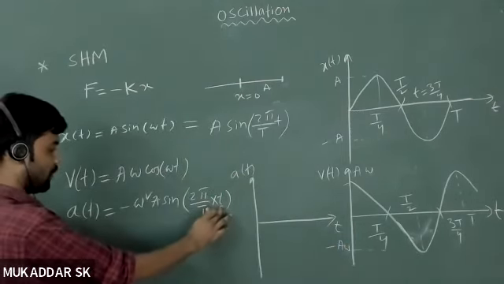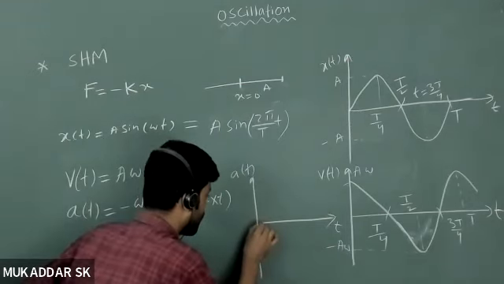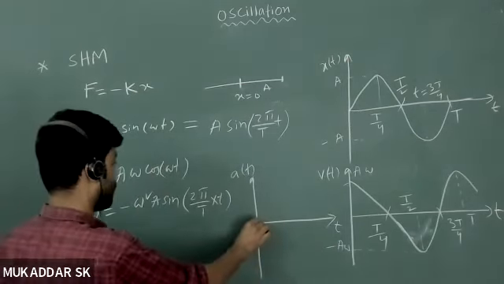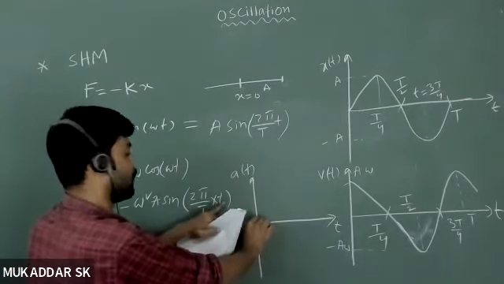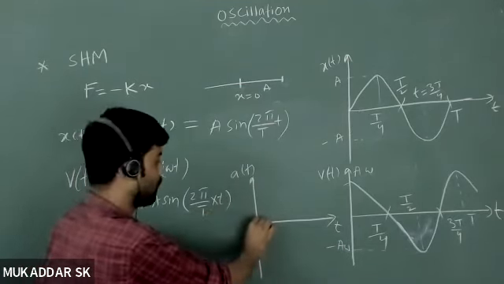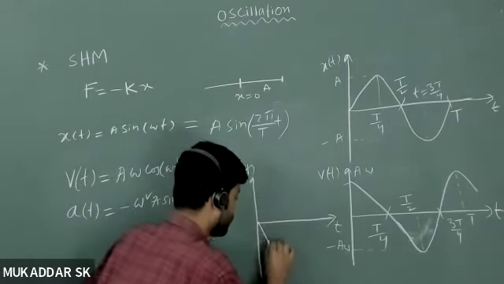When time t is 0, your oscillator will be here, or you can say that acceleration will be 0, right? But at time t equals capital T/4, you will get minus omega square A. So your curve will be like this.